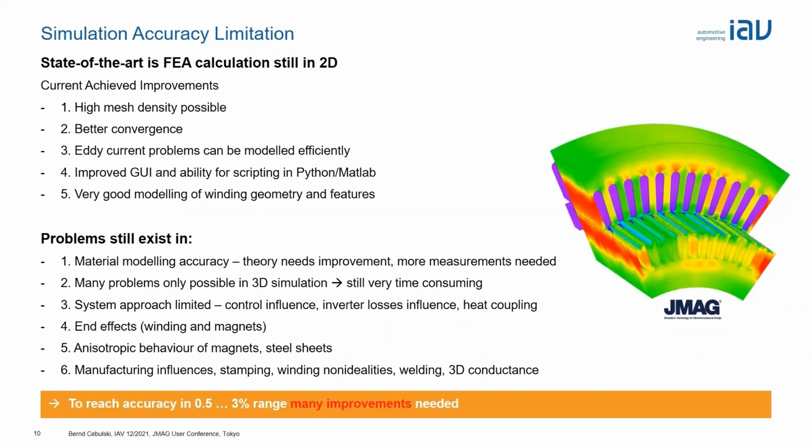And you have very modern GUIs, which make it possible that some engineers that use JMAG are maybe not so experienced. They are not specialists in electrical engineering, but they can still use JMAG to investigate certain problems. One of the strengths of JMAG is the very good modeling of the winding geometry and the winding features.